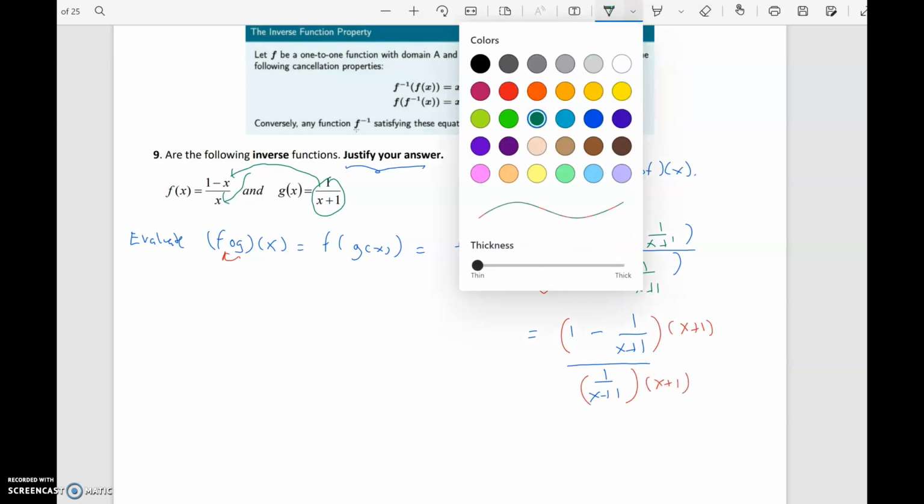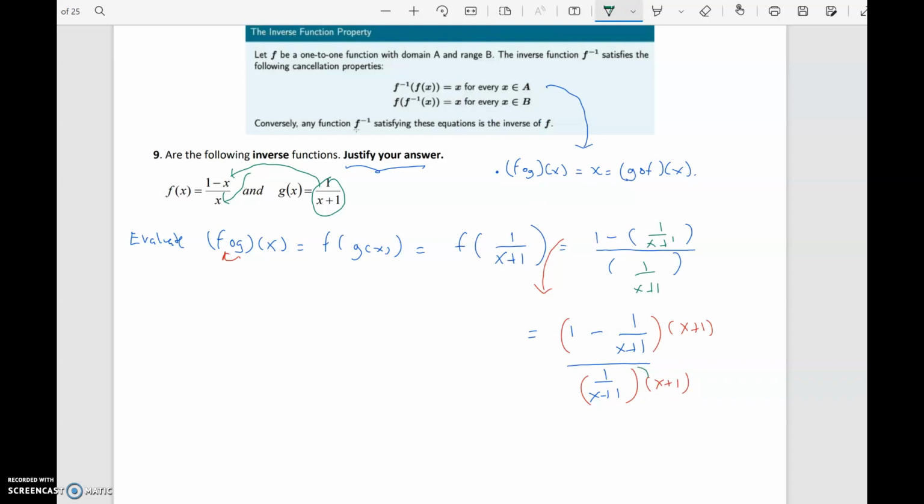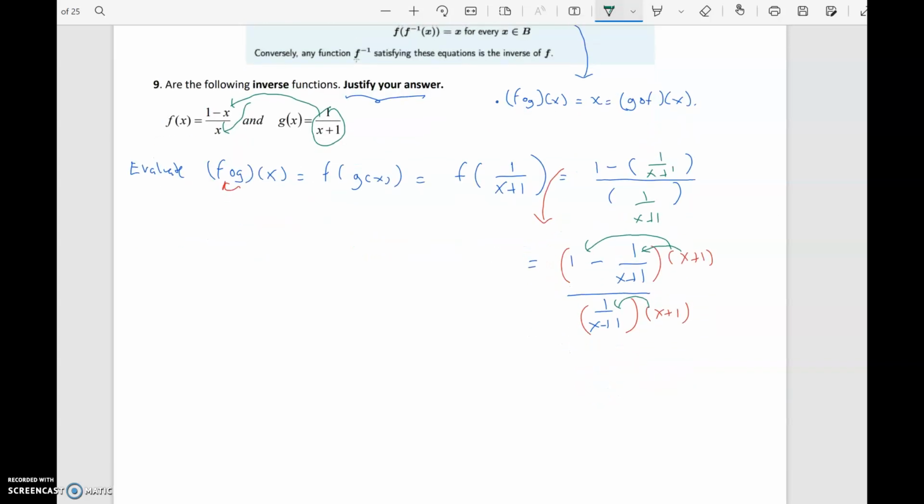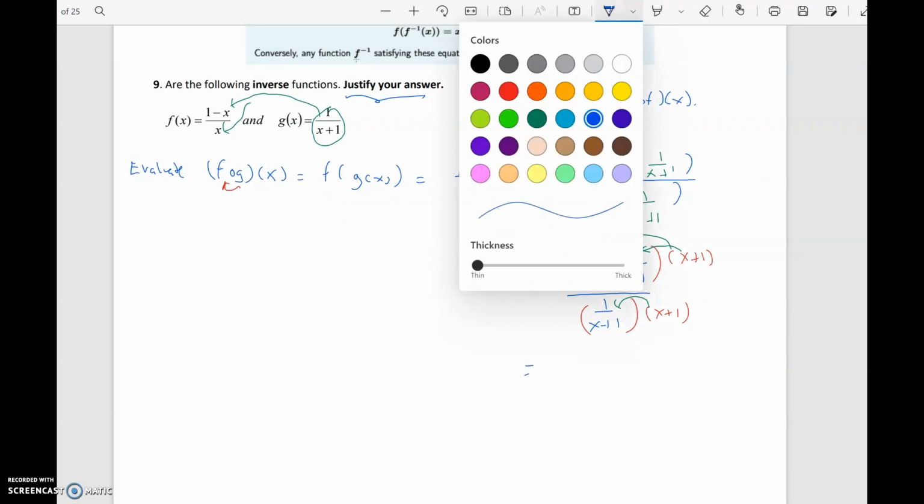The good news is that at the bottom they cancel out, and on the top we're left with the following.